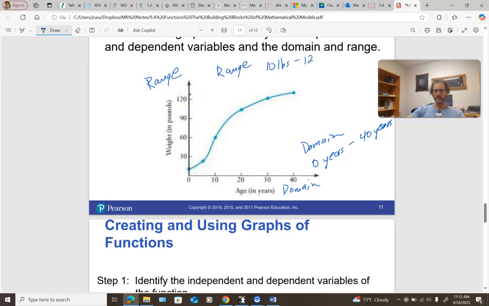Okay, this maybe is a rather small person here. But this whole range in the weights, because the variable weight is the dependent variable, all these values right here represent values in the range. Okay. All right.